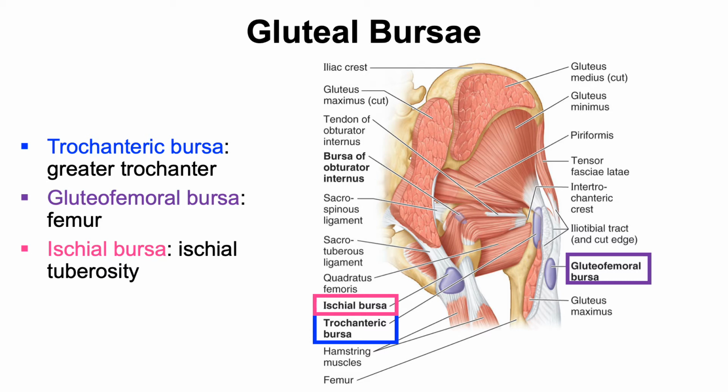Next we have the ischial bursa. This is going to be in the ischial region, particularly over the ischial tuberosity. Remember that sit bone area, where if you say, oh, we've got a bony butt, that's that area. So these are high pressure areas that also have a lot of muscles that attach to them that we'll talk about in a little bit.